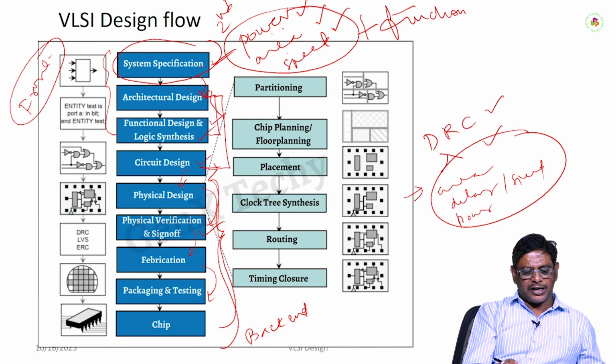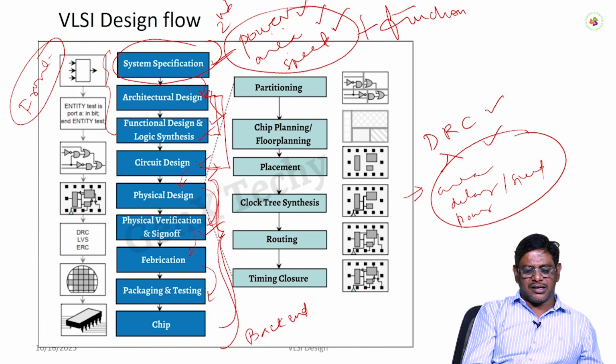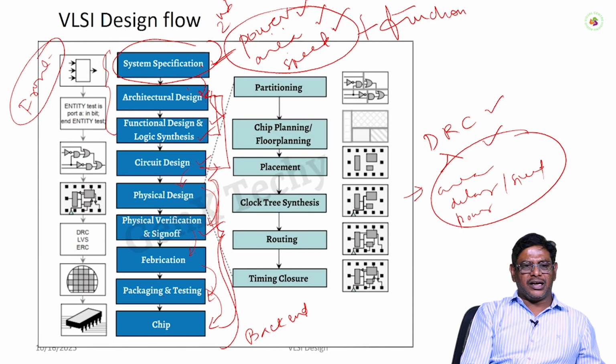There are different types of packaging versions, and we test whether we are able to effectively manage the thermal constraints or not. So thermal parameters we analyze after considering the package. Then we go for the testing part. Then after testing, once again we go with chip designing on a silicon wafer.